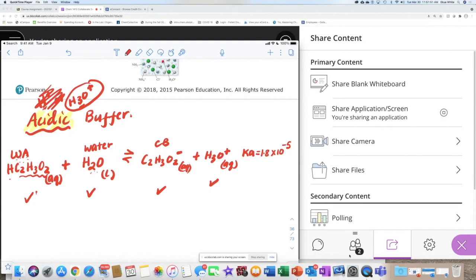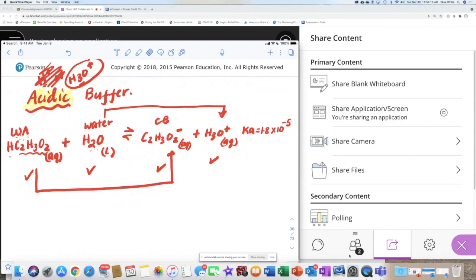On the product side, this weak acid becomes that conjugate base as expected. The water becomes the hydronium ion, as expected. And then the Ka. So looking at this, I can see this is an acidic buffer.